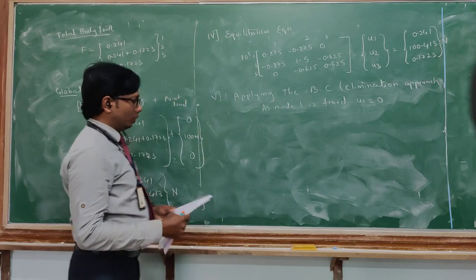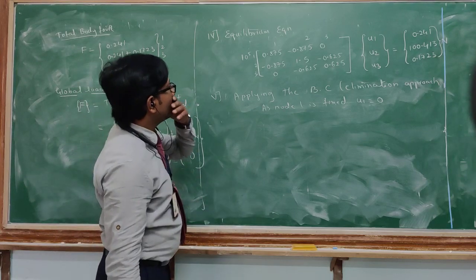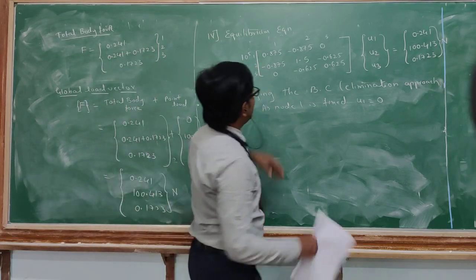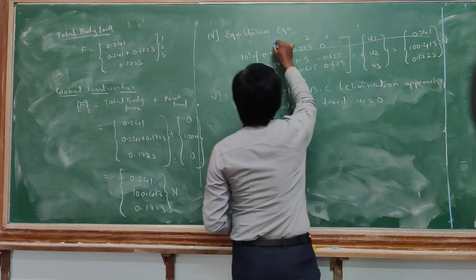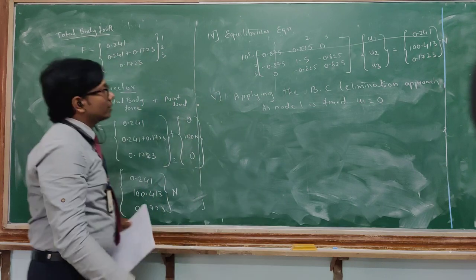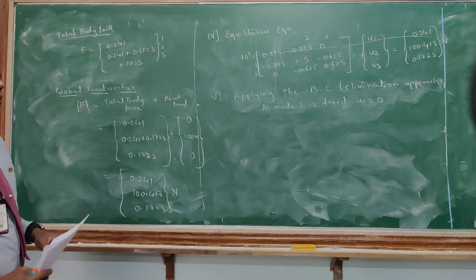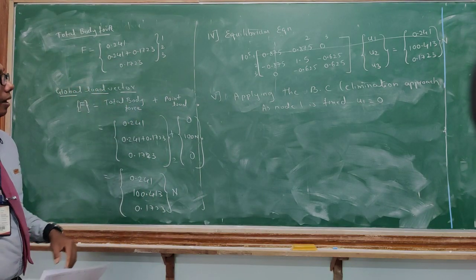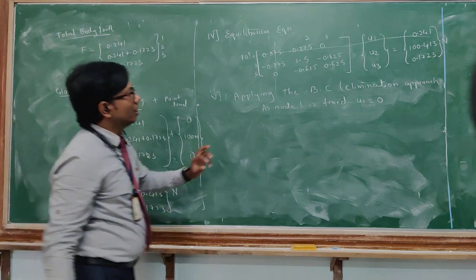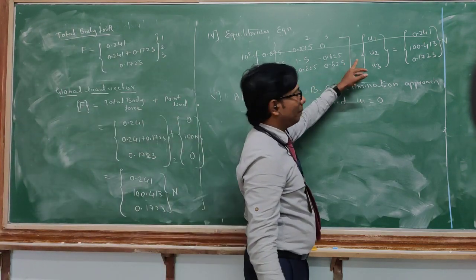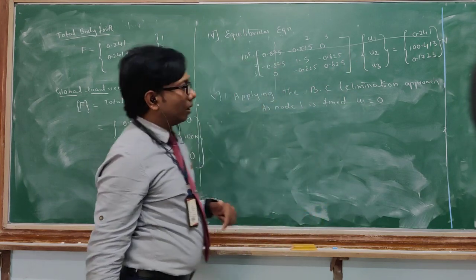That means I will just eliminate the first row and the first column, so that only the displacement boundary condition is applied. I have two unknowns, so I will get two equations to solve the problem.